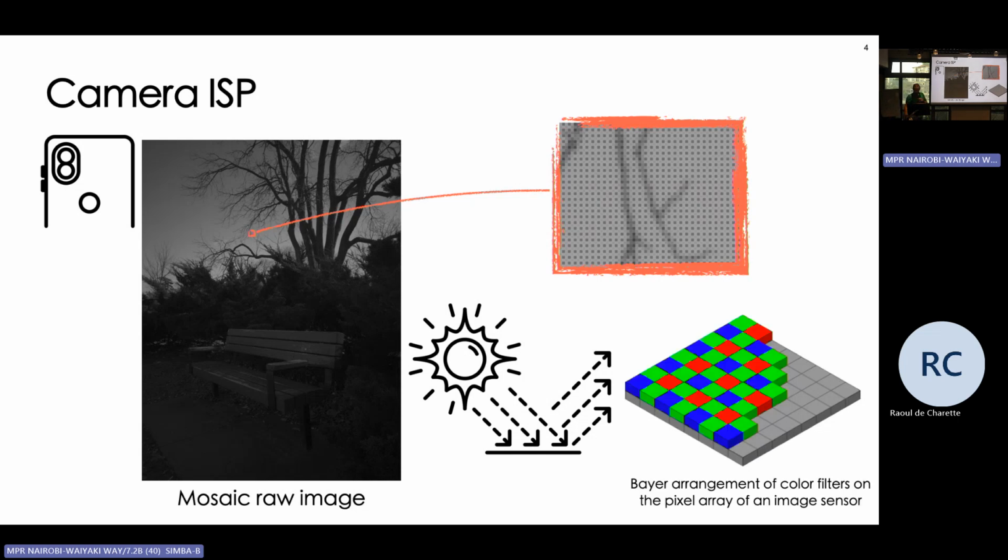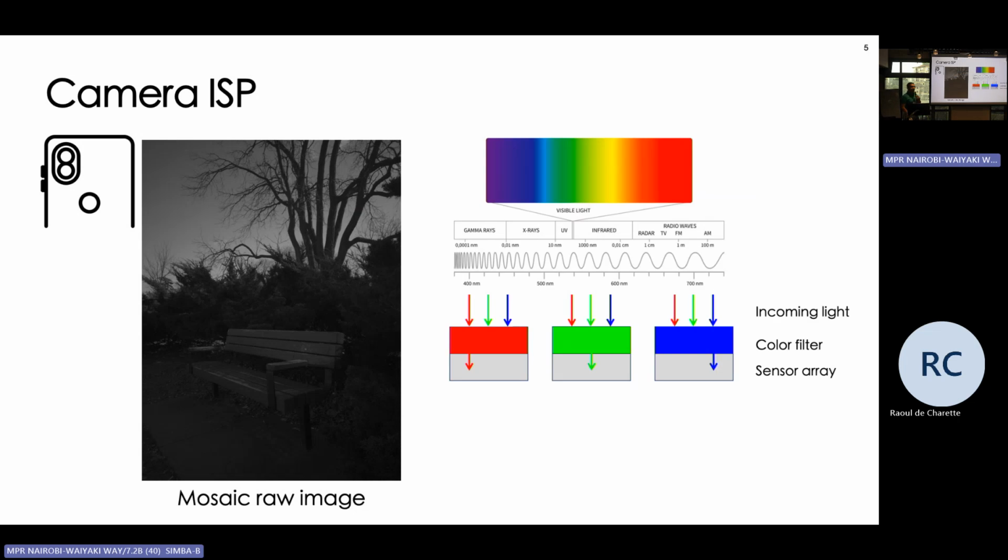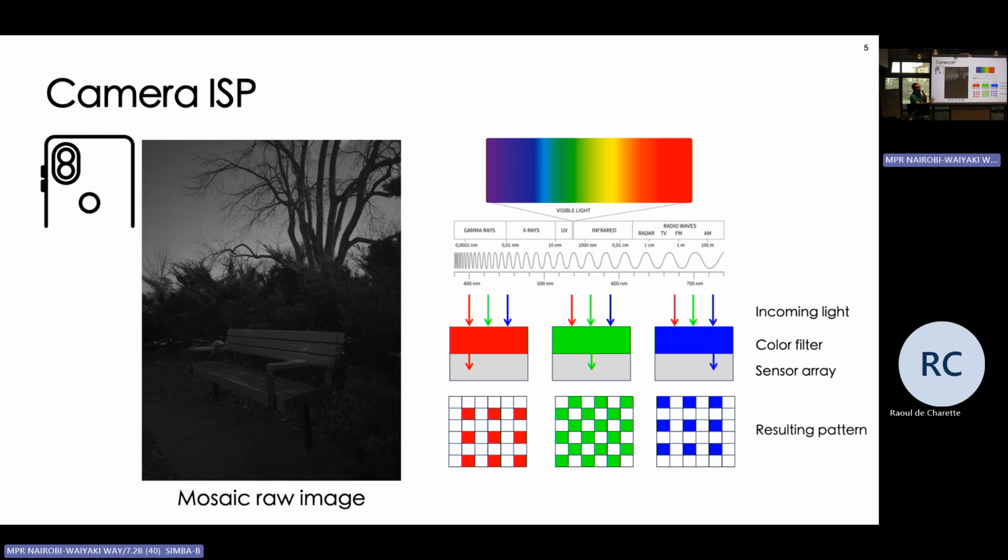And on top of that, we have what we call the color filter array. The color filter array is something that tries to filter out some unwanted signals for each cell and focus on a certain bandwidth from the visible light coming from this scene. So one focuses on red wavelength, one on green, one on blue, and that will give you these three patterns.